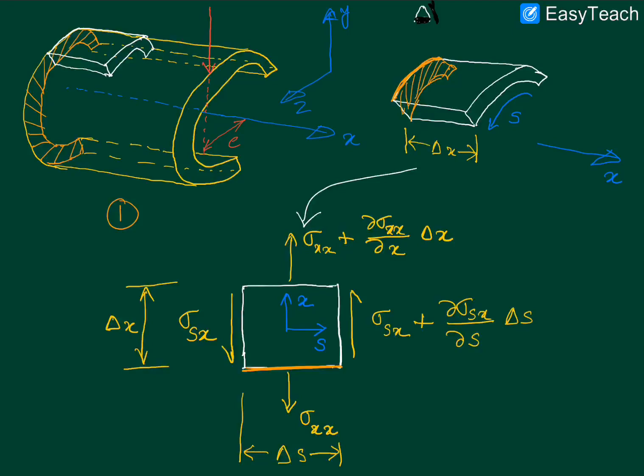With that idea, what we can immediately do is to write down the force equilibrium along the x direction. Before we proceed, it is extremely important to note that if we consider this diagram to be like a free body diagram for this stress element, and when I say free body diagram, I basically mean that each of these stress components would be multiplied by their corresponding cross sections.